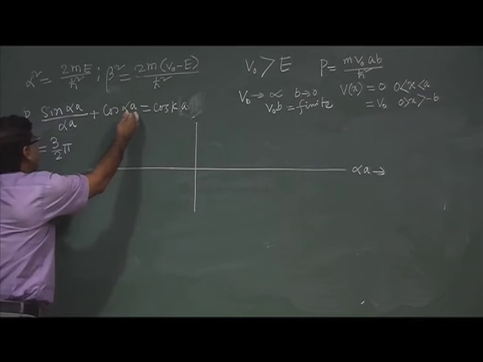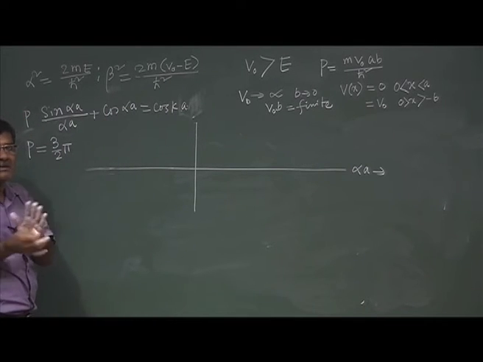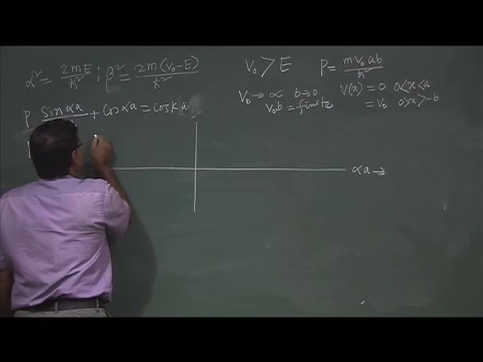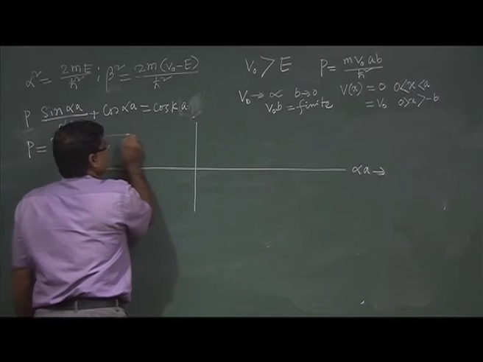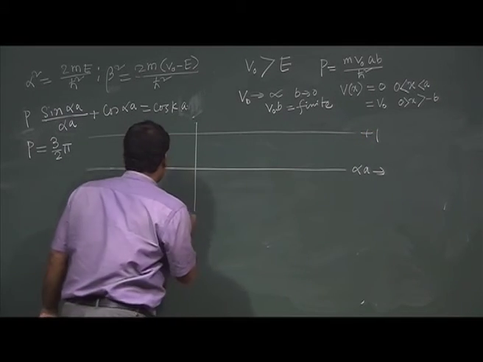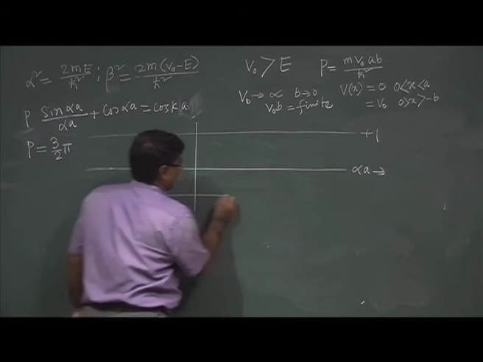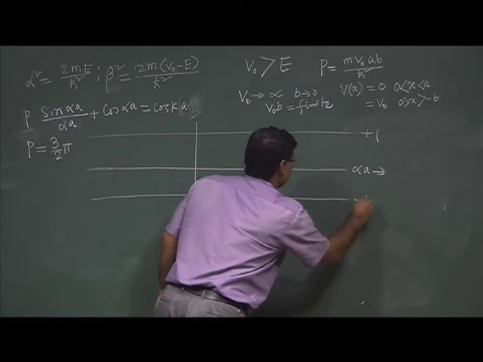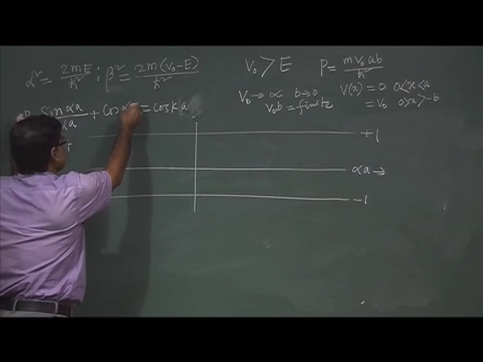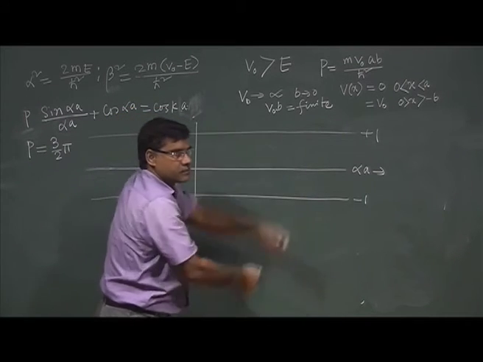So this value has to be also within this range, +1 and -1. So let me draw those two lines, one is +1, the boundary, and another is -1. So now if I plot this one, it has to be within this range, right.